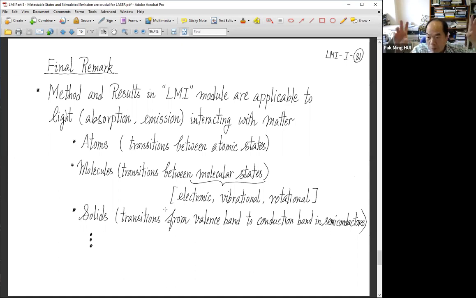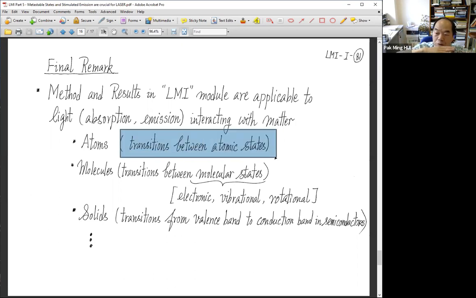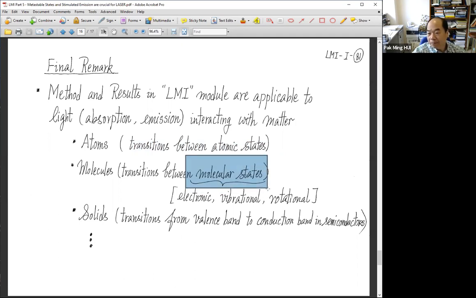This same approach can be applied, as we did, to discuss transitions between atomic states. We use hydrogen wave functions as our example because we know those wave function forms. But the same idea can be applied to transitions between molecular states. Now, that is something very big.